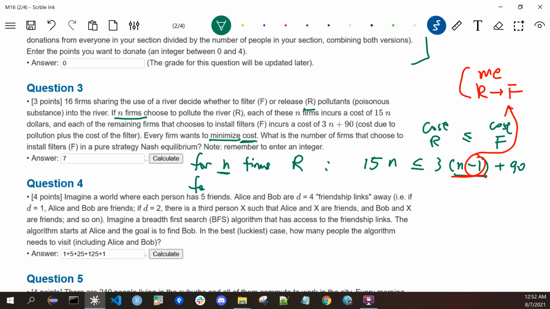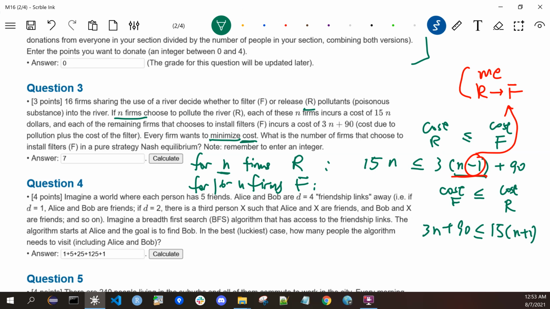So next, for the remaining 16 minus N firms, in equilibrium, they are picking F. The justification must be the cost from F for these 16 minus N firms must be smaller than the cost of releasing the pollution. So if that's the case, then the cost of F is the same, 3N plus 90, should be less than or equal to 15.